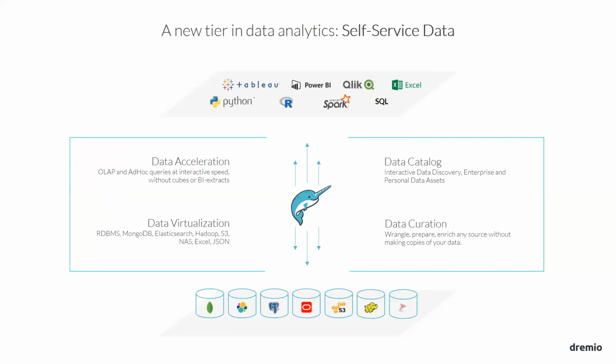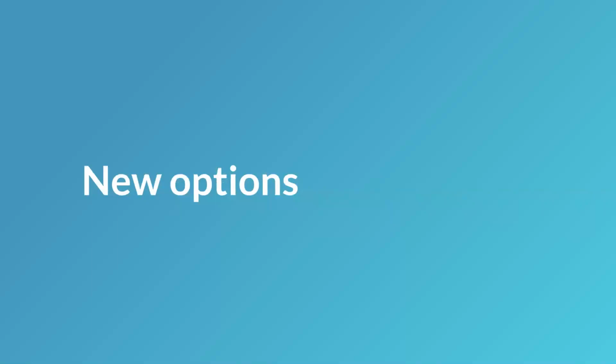And we call this data tier self-service data, which is really a new tier in this world of analytics. It's a much more agile approach to making data accessible and available to the data consumer than having that entire stack of different technologies that have to be glued together. So let's look at what new options are introduced here.